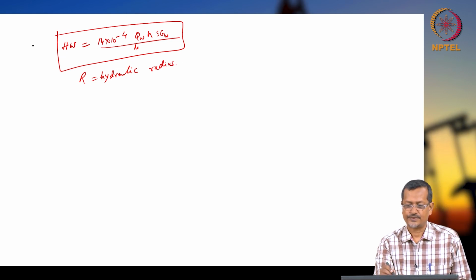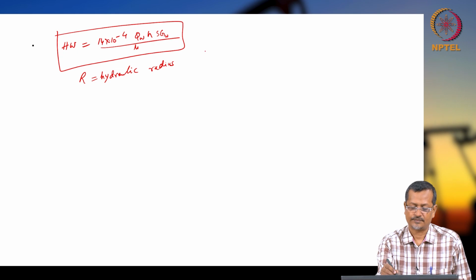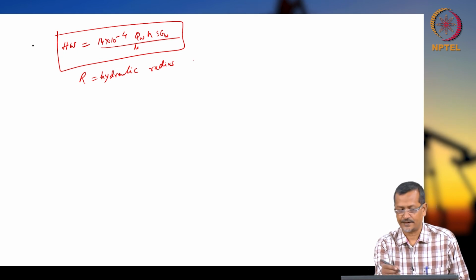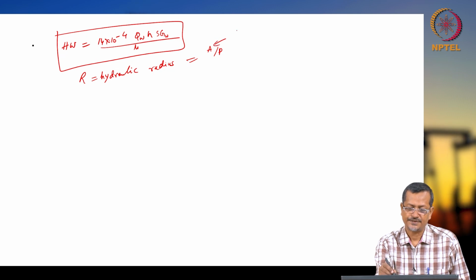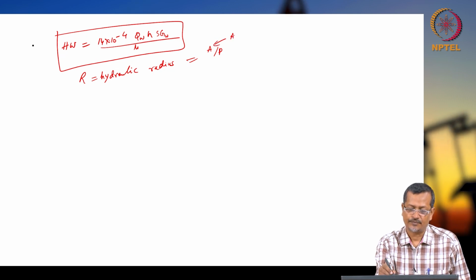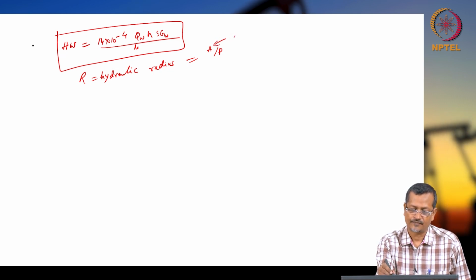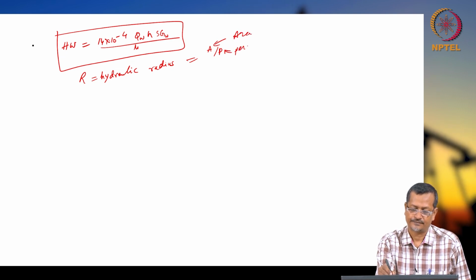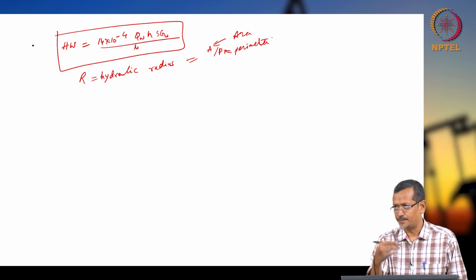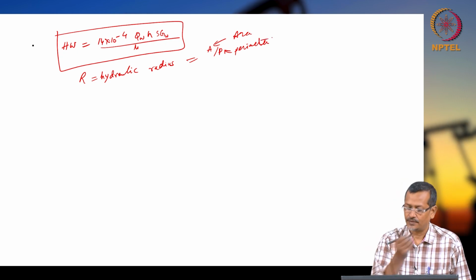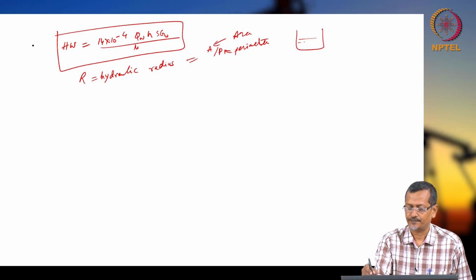Okay, so whenever you say hydraulic radius, you can remember for a rectangular area it will be A by P. A means wetted area by perimeter. How? Actually, you have one channel.